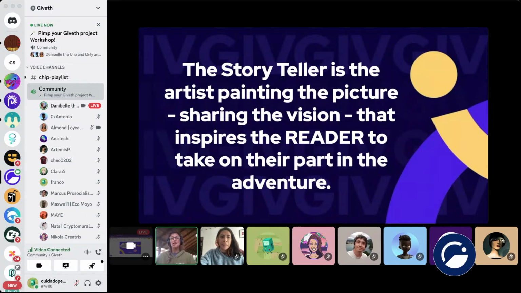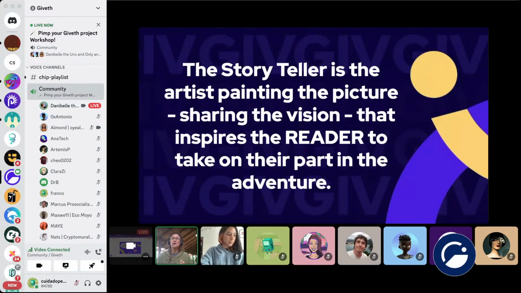The storyteller is the artist that's painting the picture, right? We see something, a change we're going to create in the world. We have this vision. The artist needs to paint in those details that inspire the reader of your story or the viewer of your painting to want to take on a part in this adventure, right?